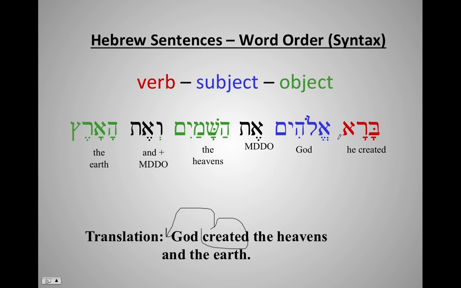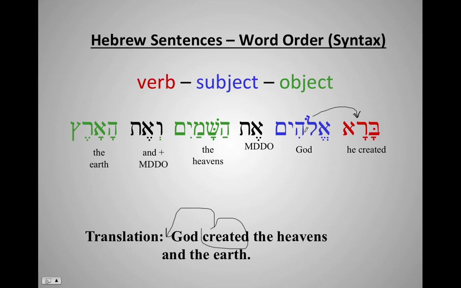Verbs that don't have an ending like we've talked about are third masculine singular, meaning we need a singular subject that's masculine following it. Bara means to create, or literally he created. But because the subject follows it, we essentially plug in Elohim as the subject of that verb.